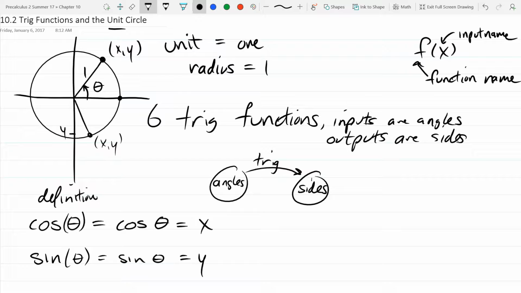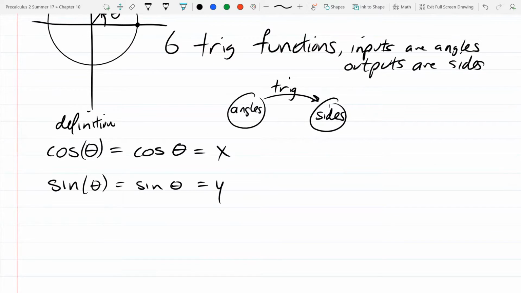But that y value, however far down you have to go, that is the value, that's the output of sine of theta. So that's cosine sine. Next up, tangent of theta, and of course, I'm going to write that as tan theta.